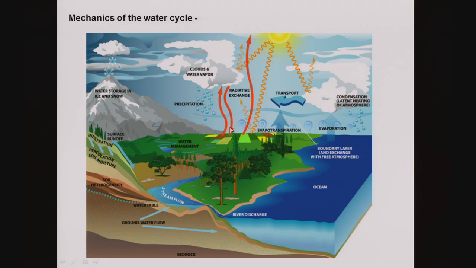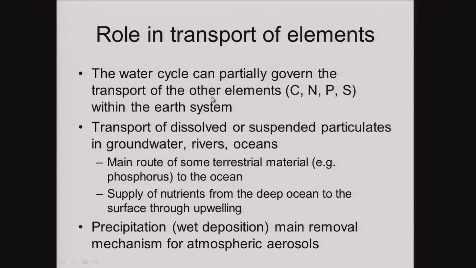This all affects the radiative energy transfer through the atmosphere. Some of the sunlight can be reflected, and some of the heat from the earth can be absorbed and reflected, depending on the properties of water vapour in the atmosphere or of clouds. Snowfall and storage in ice and snow, surface runoff processes and soil moisture are also important. These are some of the things we'll be talking about today.